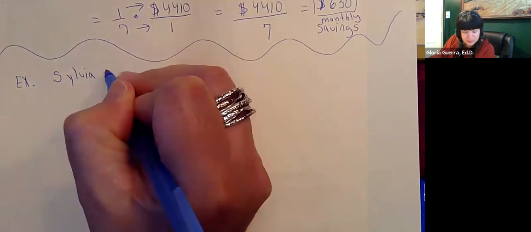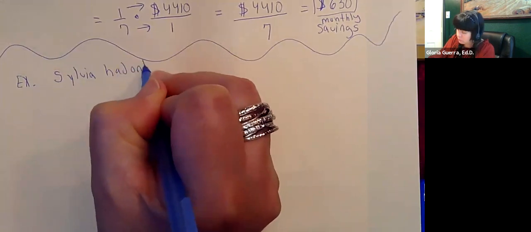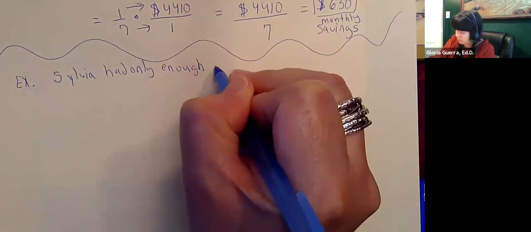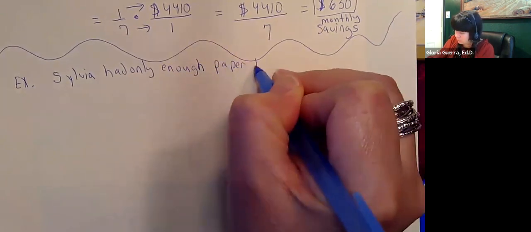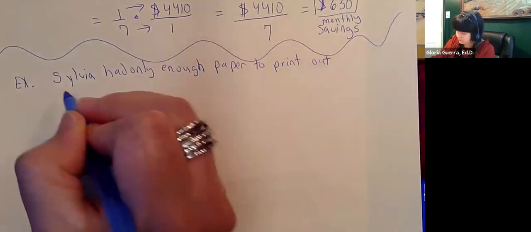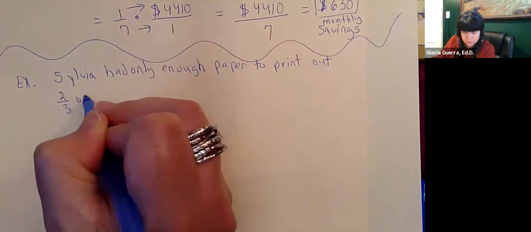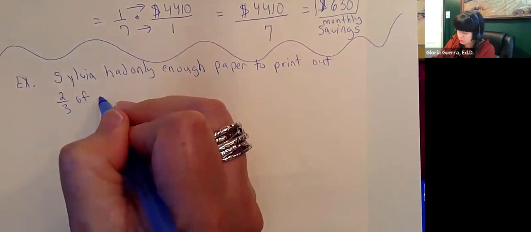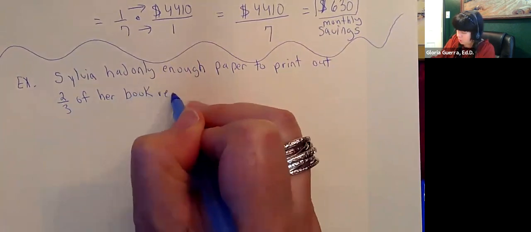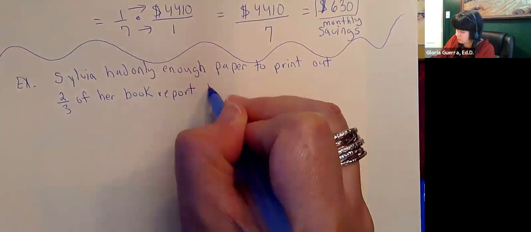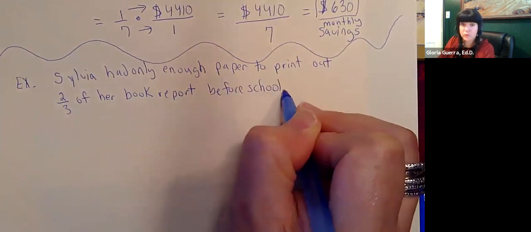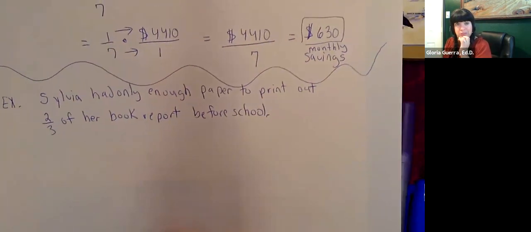Let's say Sylvia had only enough paper to print out 2/3 of her book report before school. So she cannot print all of it.